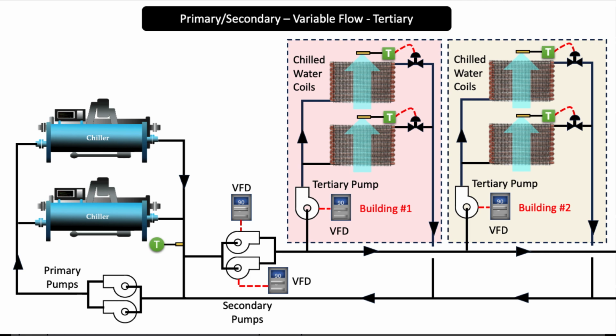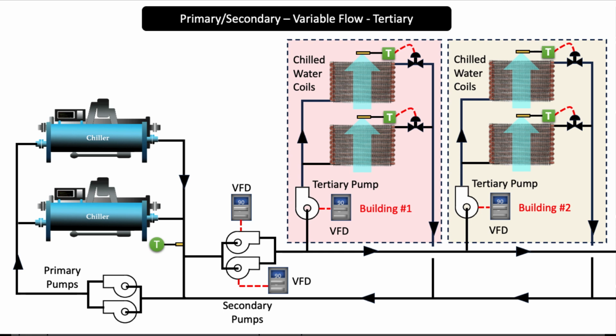Variable frequency drives, VFDs. All pumps, primary, secondary, and tertiary, are typically equipped with variable frequency drives, VFDs, to adjust pump speed and flow rates based on real-time demand. This flexibility ensures that the system operates efficiently under varying conditions.